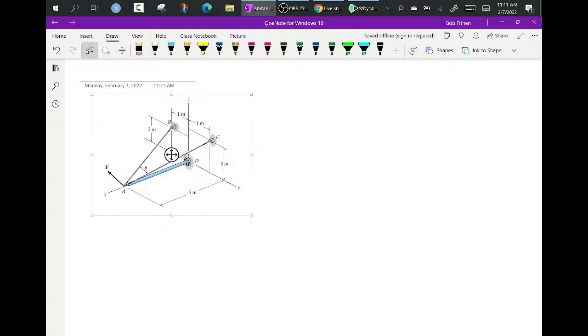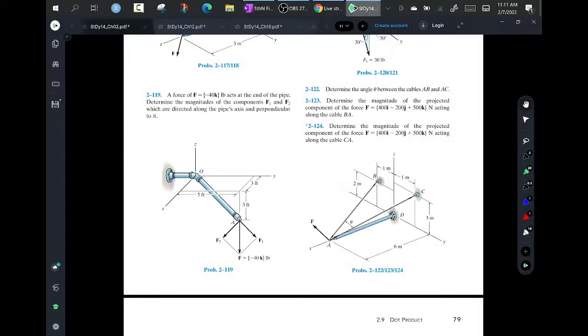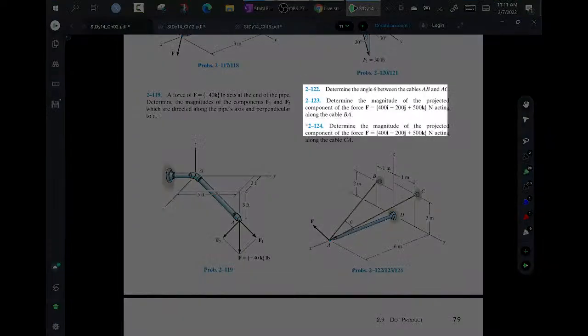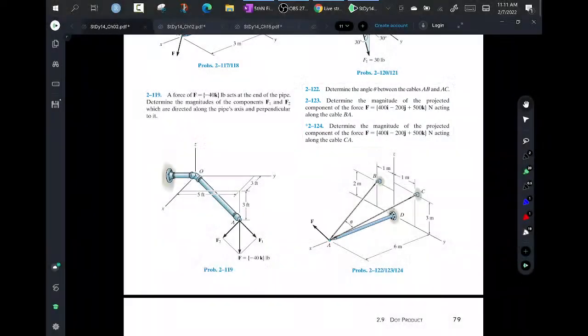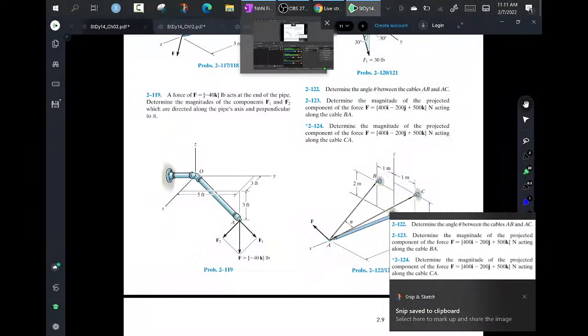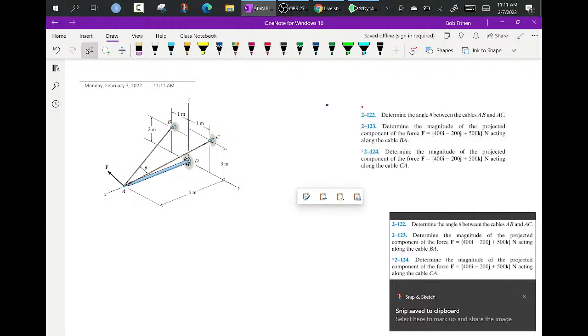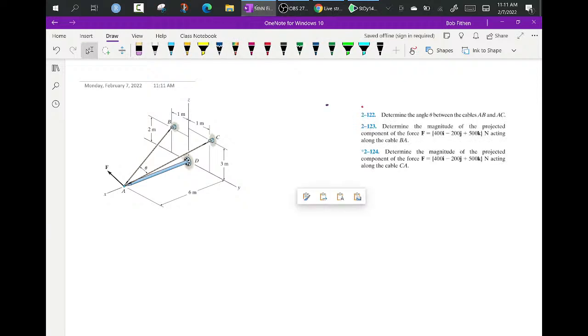So I'm going to grab them and list them down the right side. I think I'm going to try to work each one of them. Now I can just work on this.